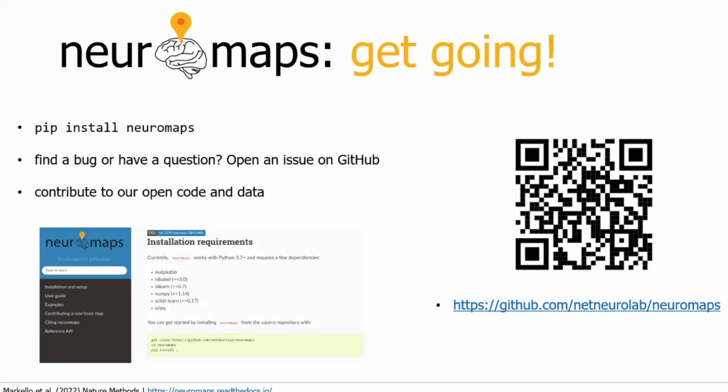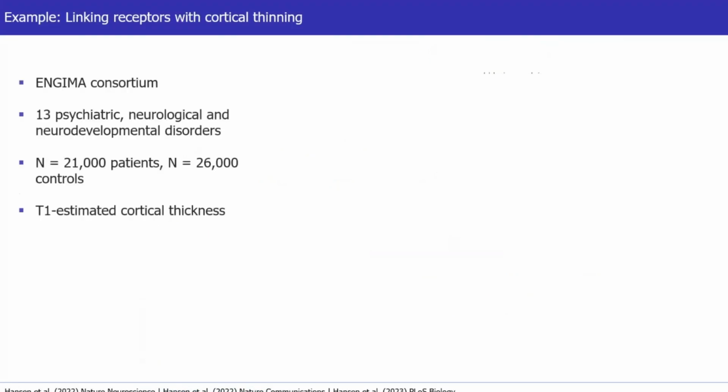And I just want to give you, for the last 5 minutes, the reason why we did this and where I think it's leading us. One example of how this can be used is we pulled data from the Enigma Consortium, a big data sharing group that deals mainly in cortical thickness maps for various diseases.